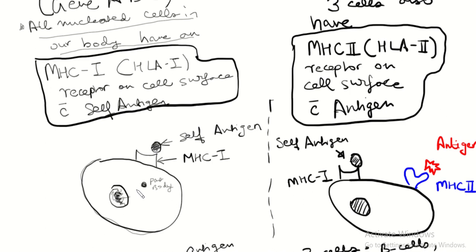And then the nucleus creates a protein which is called MHC1, and it gets to the surface. And at the surface, it is now having two things. It's got a receptor, which is MHC1 receptor, and it's got on that receptor a little self-antigen. And we have it in all our nucleated cells.